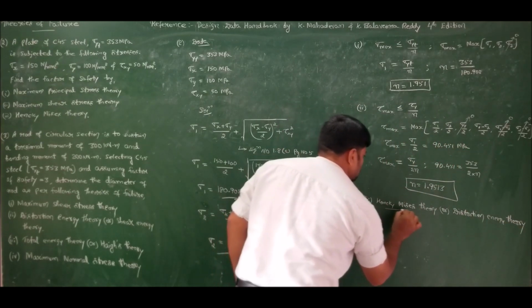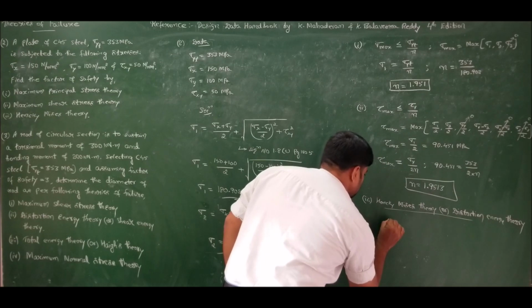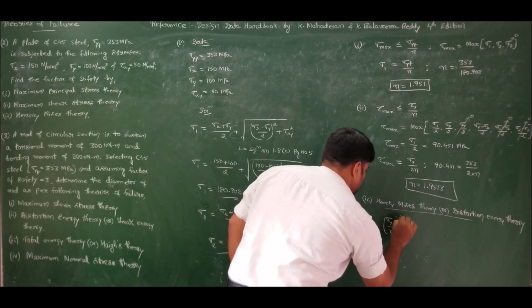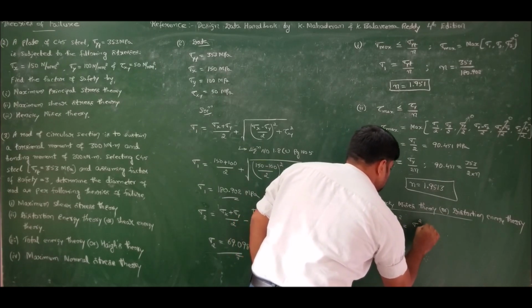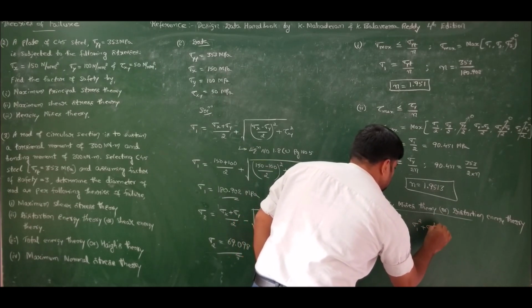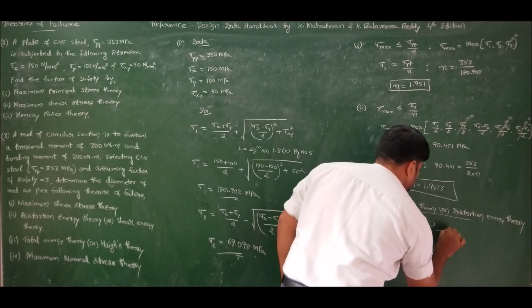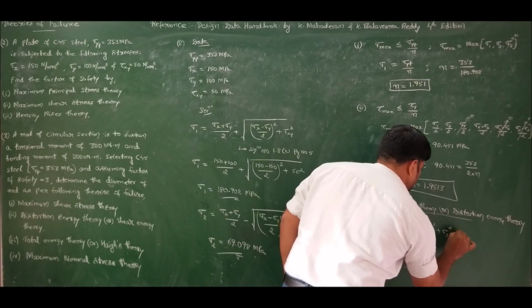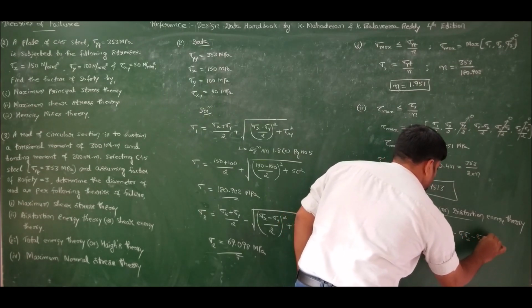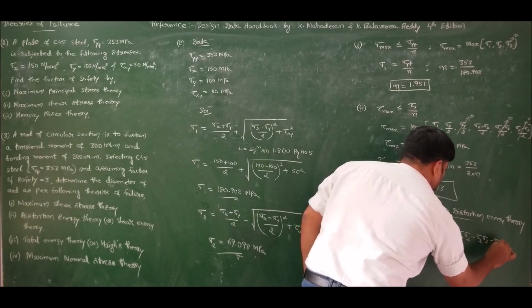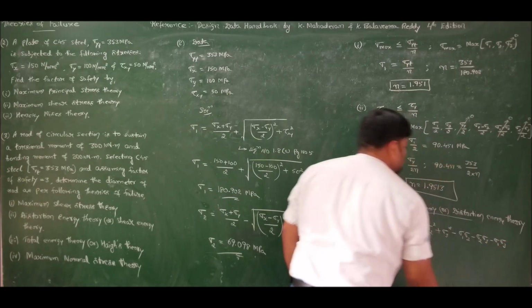According to this theory, we know that sigma yield by n whole square should be equal to sigma 1 square plus sigma 2 square plus sigma 3 square minus sigma 1 sigma 2 minus sigma 2 sigma 3 minus sigma 1 sigma 3.